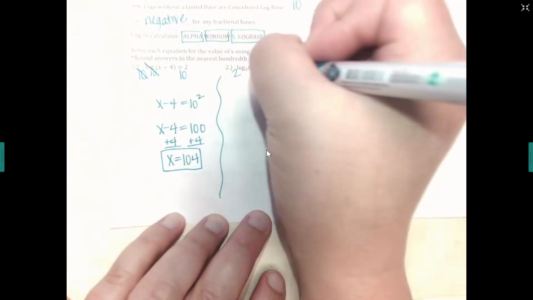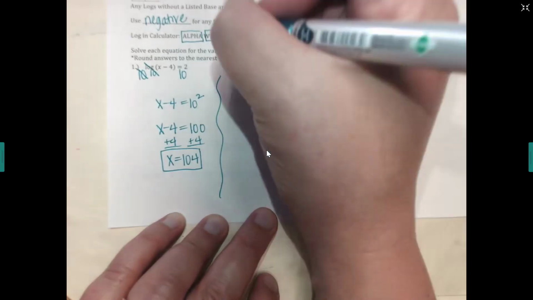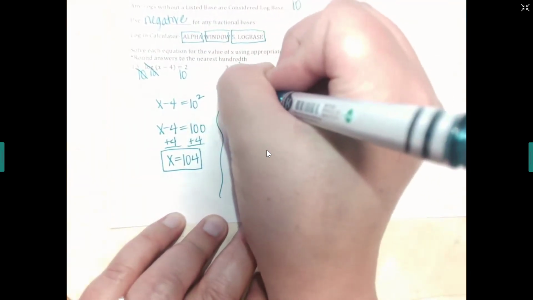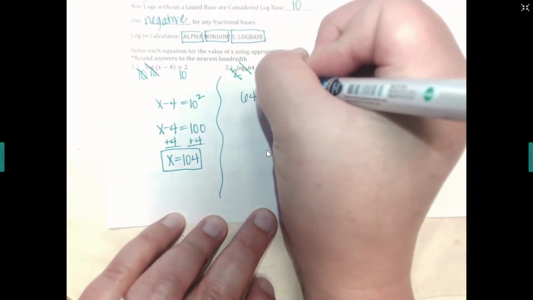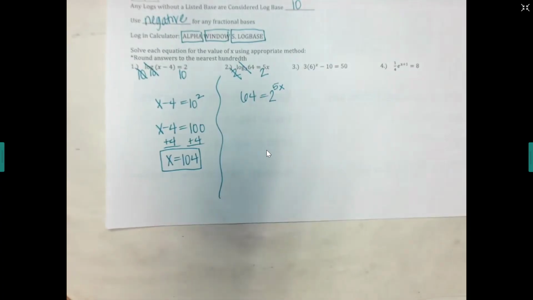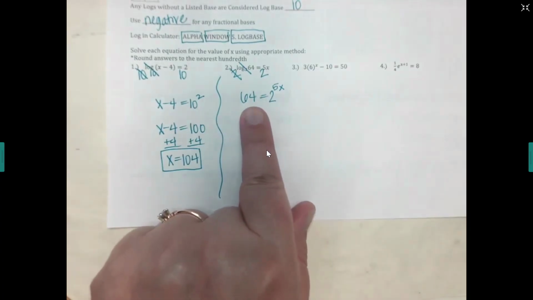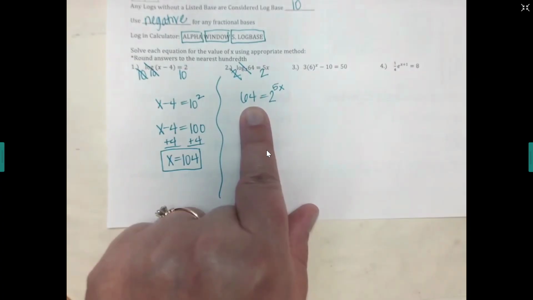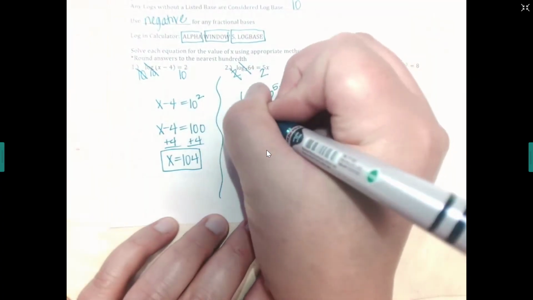All right, next one. I have a log little 2. How do I undo a log little 2? Big 2. So I'm going to big 2, big 2. My big 2 on my log little 2 crosses out. I'm going to keep 64 equals 2 up to the 5x. Now I notice that because my x is little, I need to turn this into the same type of thing. So look in your 2's chart for the number 64. What is 64 as a base 2? 2 to the 6.